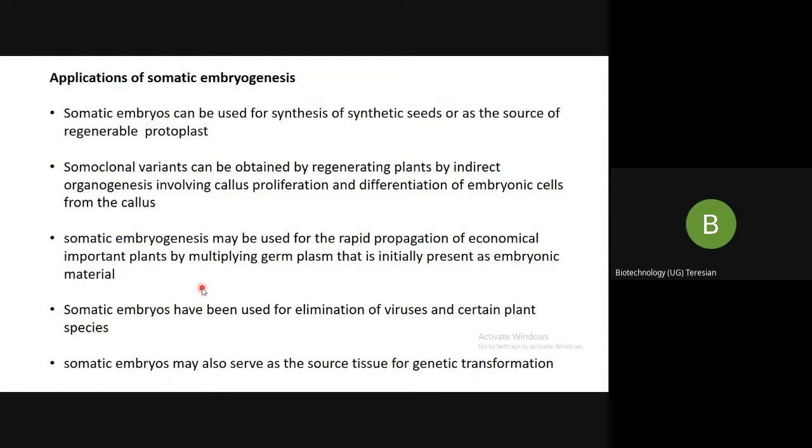So, certain plants are economically very important. Either they may have some medicinal property, or they produce some secondary metabolites or primary metabolites, which are all important.